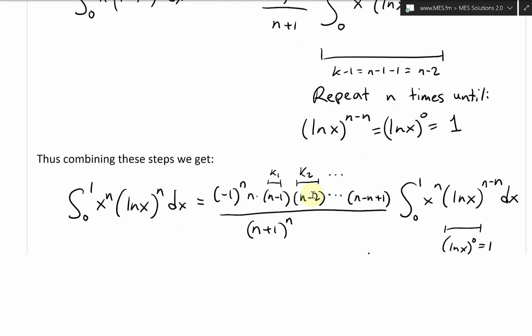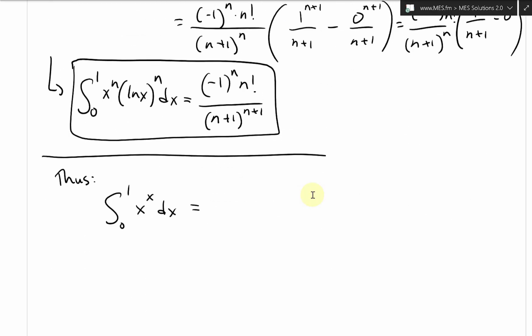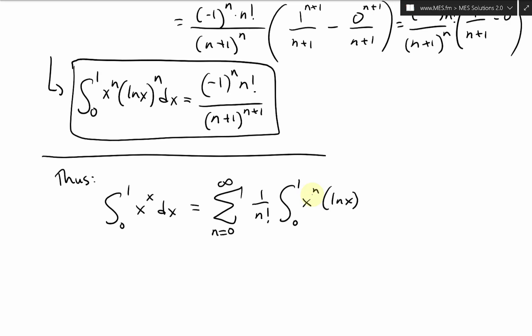So let's put that in here. So this equals the summation from n equals 0 to infinity of 1 over n factorial times our integral from 0 to 1 of x to the n ln x to the power of n dx. So now let's plug that in there.